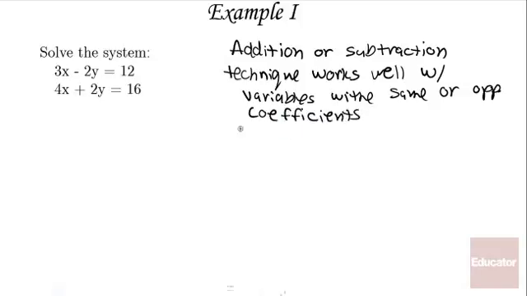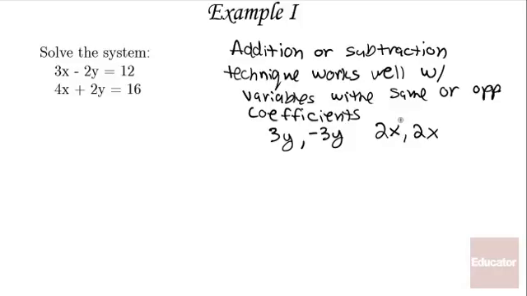For example, if I have one equation that has a 3y and the other equation has negative 3y, I can add those together and they'll drop out. Or maybe I have 2x in one equation and 2x in the second equation. If I subtract the equations, the x's will drop out.